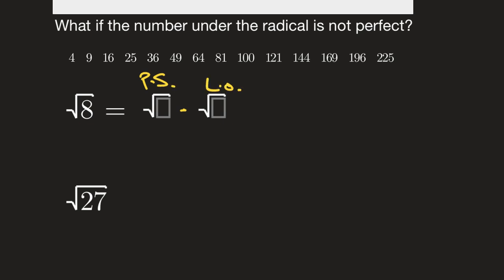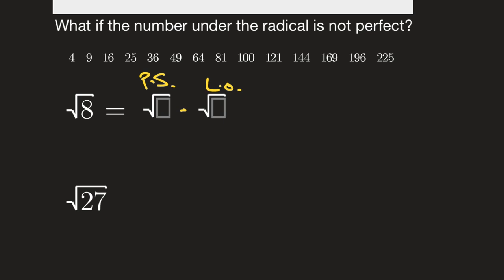The first radical is what I call my perfect square radical, hence the PS. The second radical is what I call my leftover radical.